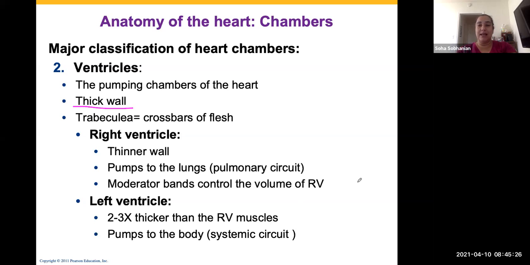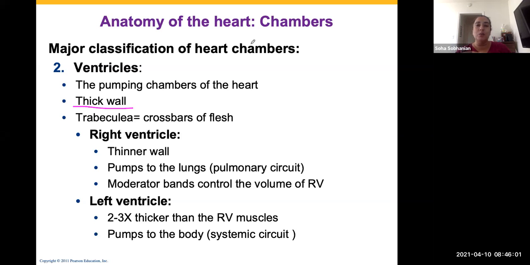Now, typical exam question. Which of the four chambers of the heart has the thickest myocardium? Again, myocardium means the heart muscle. We already established that between the atria and the ventricles, your ventricles are going to have a thicker muscle.